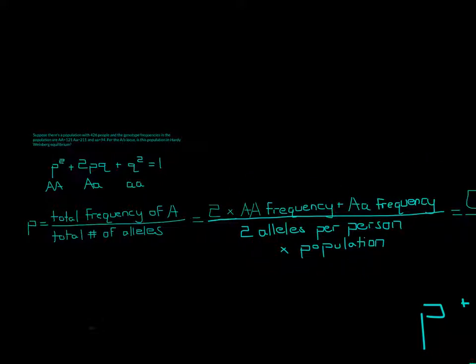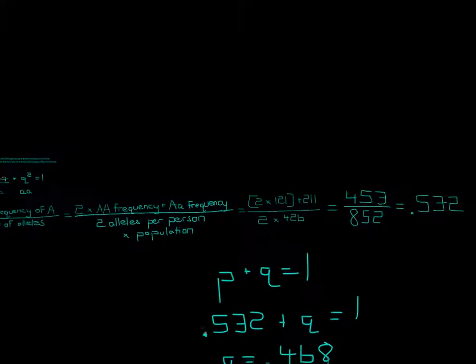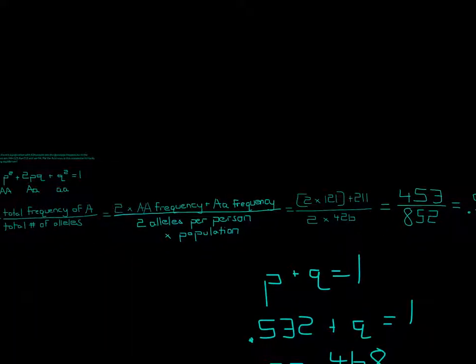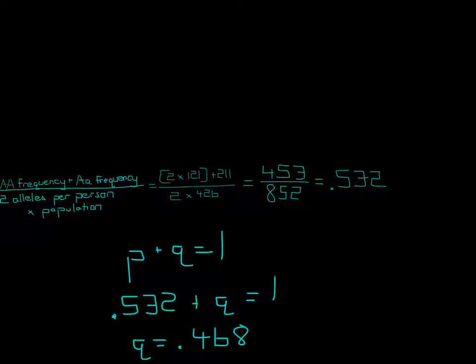And so moving forward, we would just plug that in. So we'd have 2 times 121, because that's the frequency of the homozygous dominant, and then the 211, which is the frequency of the heterozygous, over 426 times 2, because that's the raw amount of alleles. And so that would equal 453 over 852, which is equal to 0.532.